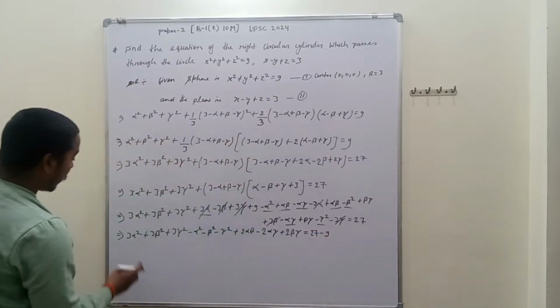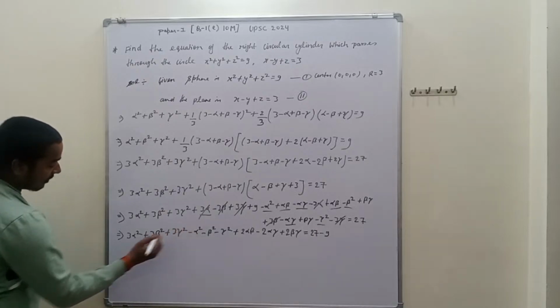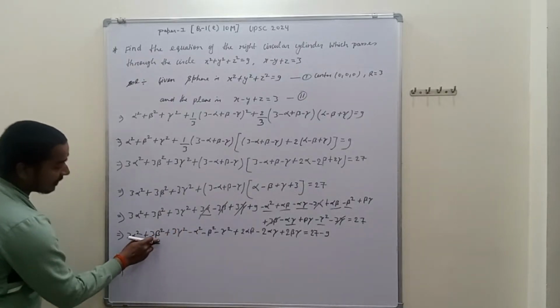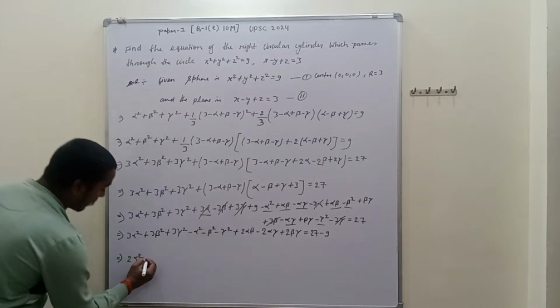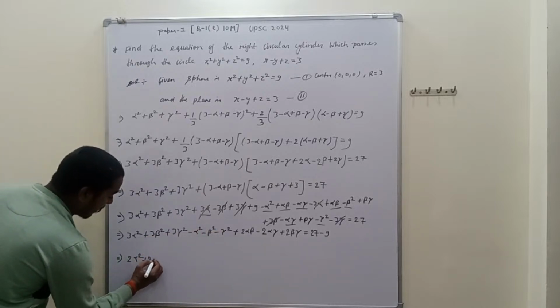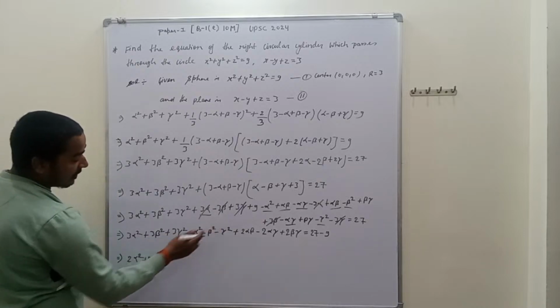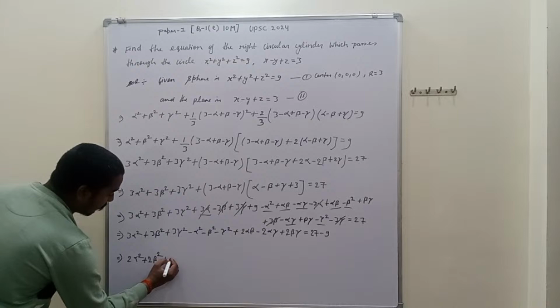Then we write 3 alpha square minus alpha square, it is 2 alpha square, and 3 beta square minus beta square, that is plus 2 beta square, and plus 3 gamma square minus gamma square, it is plus 2 gamma square.